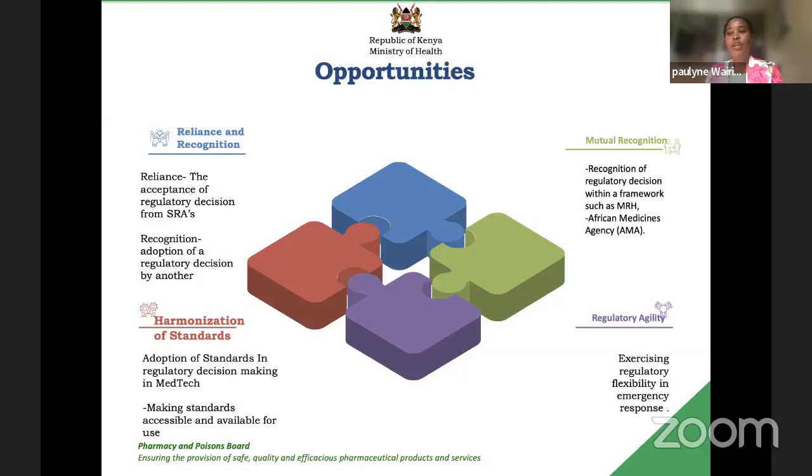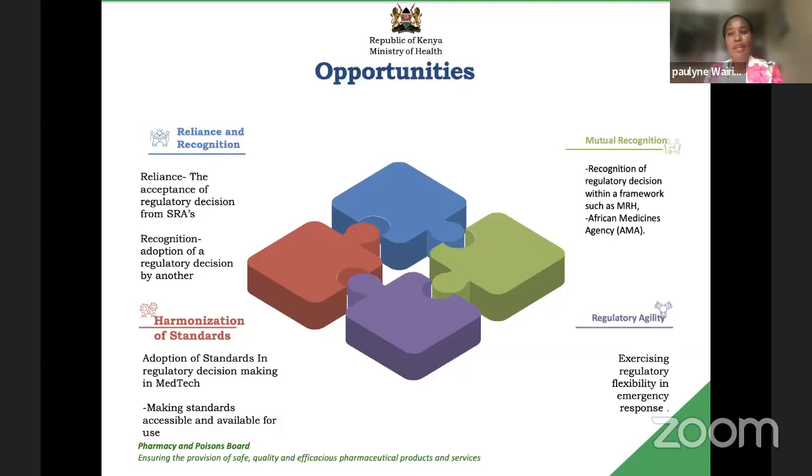Emergency use authorization relies on and recognizes the decisions from stringent regulatory authorities, for example, other authorities that are more mature. Using those decisions, we were then able to accelerate and avail products in our markets in fewer than 90 days. And this is historic, and this is also a demonstration of the ability of government to adapt new technologies or new ways of thinking beyond the traditional regulatory pathways that have been examined and used.